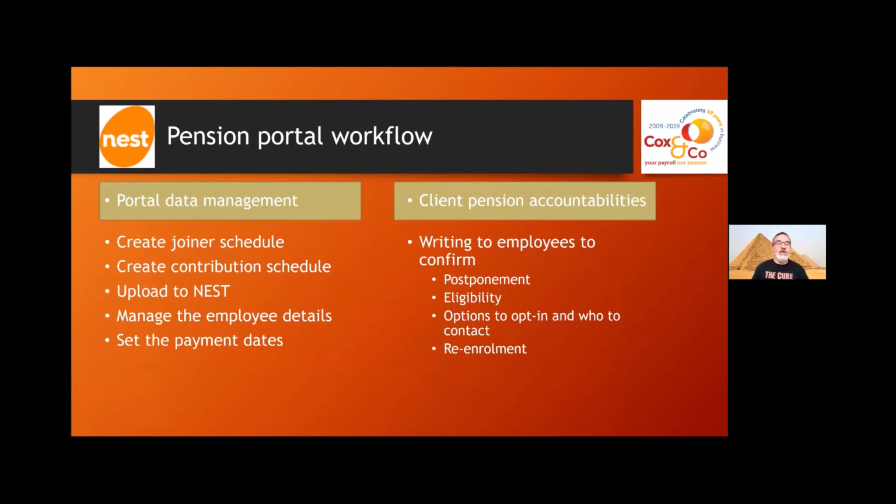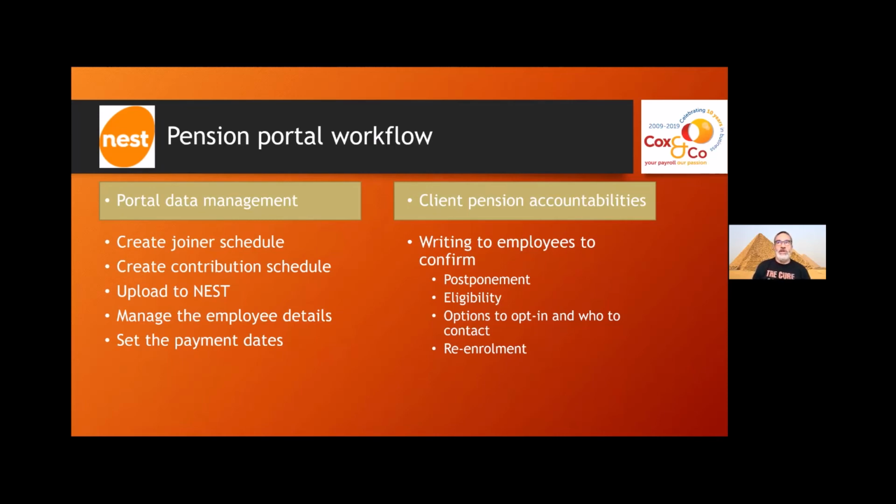So we'll generate a CSV file that includes details of any pension joiners for that pay period, and we will pay regard to the timing issues. We will upload it to Nest. We will also create a contribution schedule. So, again, a CSV file that details the contributions and pensionable pay for every employee who is paying pensions in that pay period.